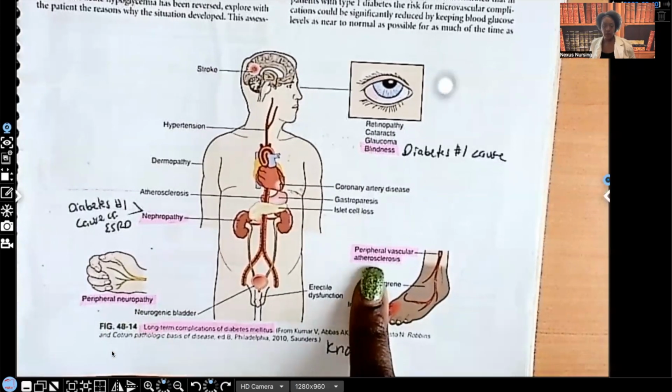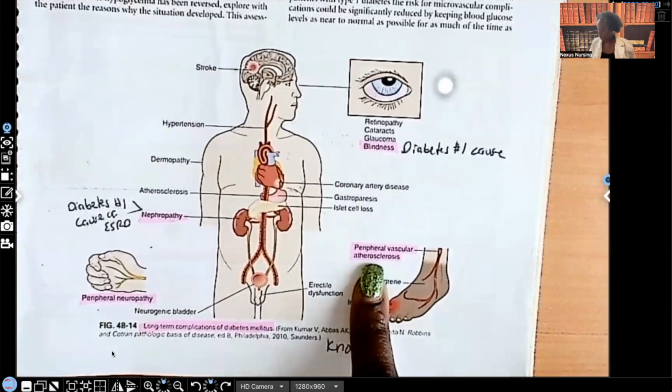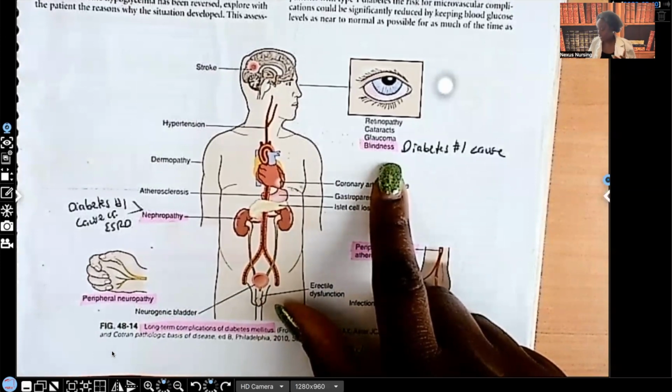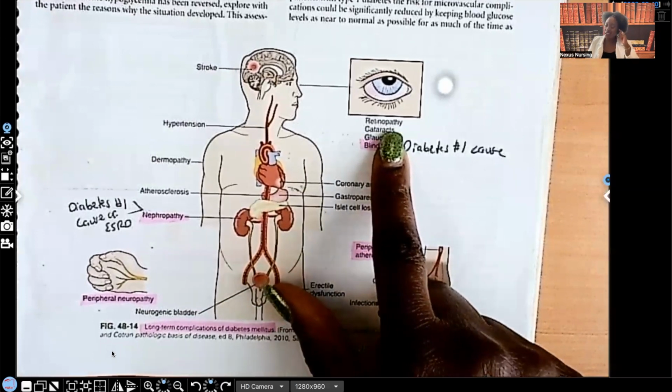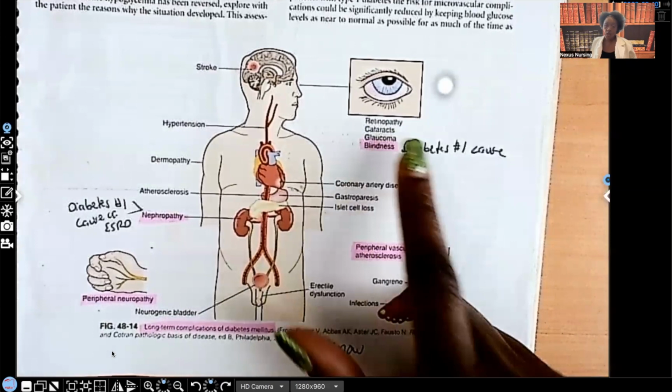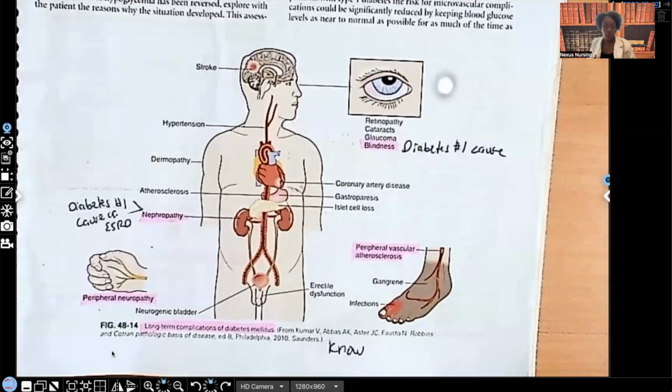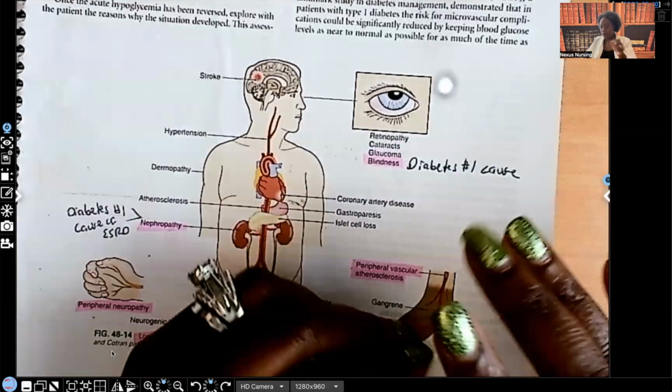Peripheral vascular atherosclerosis, blindness. Again, number one cause of blindness in the US is from diabetes. Cataracts, retinopathy. Retinopathy is another one I should have highlighted because that shows up on NCLEX a lot as well. So make sure that you guys are very familiar with this figure and you understand that these are definitely complications of diabetes long-term.